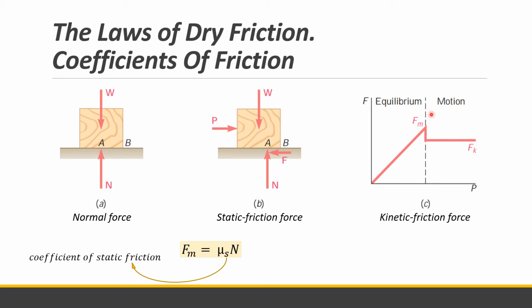Fk is kinetic, meaning moving, as in kinematics, and this is the kinetic friction force. This portion means the body, say our block, has started to slide or move. Similarly, the magnitude of the friction force Fk may be put in the form mu k multiplied by the normal force.